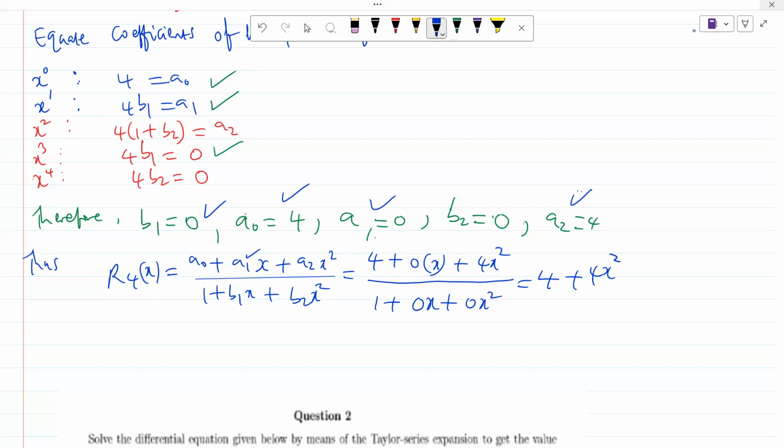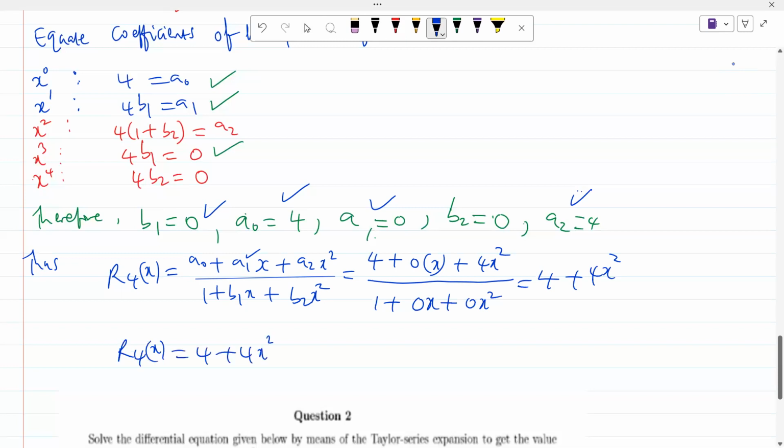Now this is exactly the polynomial we're looking for in view of the Pade approximation. So R subscript 4 of x is 4 plus 4x squared.